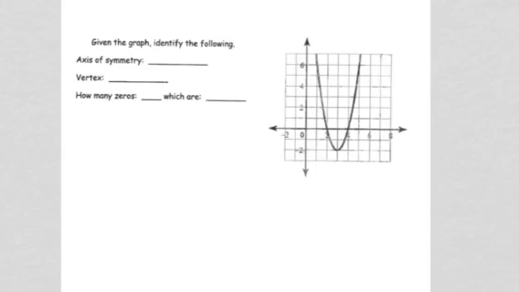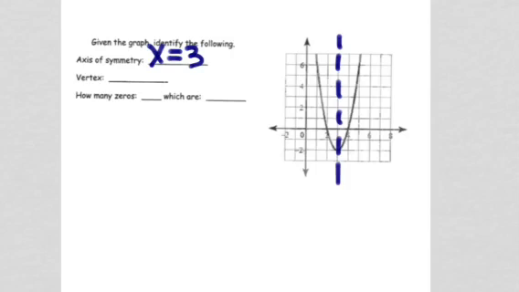All right, let's do a couple of quick examples, because this is what your work looks like today. It's just taking some pictures that are already pre-drawn and identifying their parts. It says, given the graph, identify the following. First off, where's the axis of symmetry? Well, the axis of symmetry is an imaginary line that runs right through the middle of the graph. We want to know where it hits. This one hits at x equals 3.